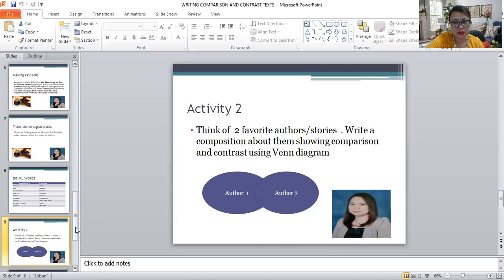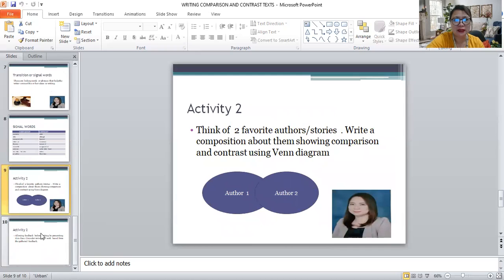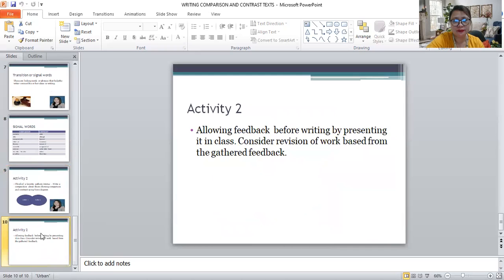Then after you have written all the comparisons and contrasts, the similarities and differences between the authors or the stories that you have selected, I'd like you to show and present your work to the class using the diagram, and let your classmates give their own feedback before you make your own revision of your work based on the gathered feedback.